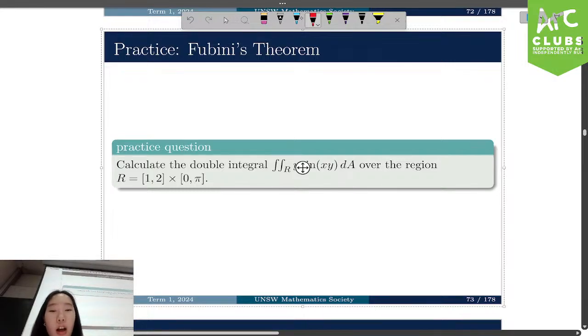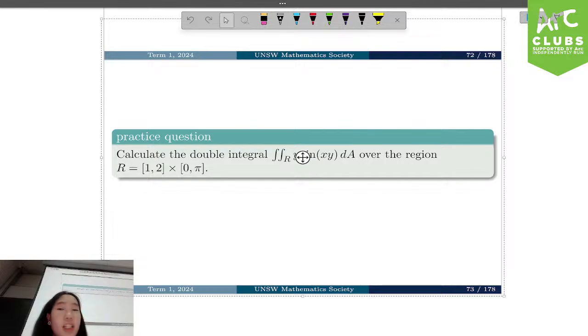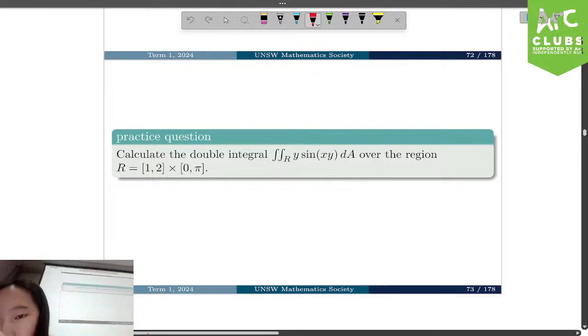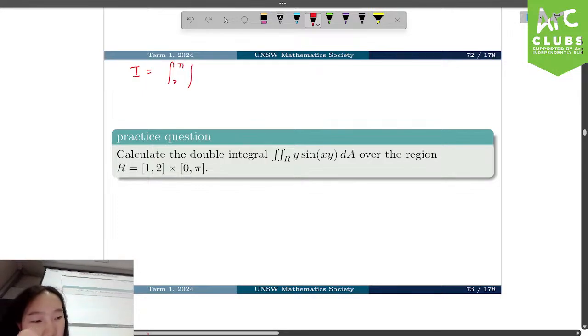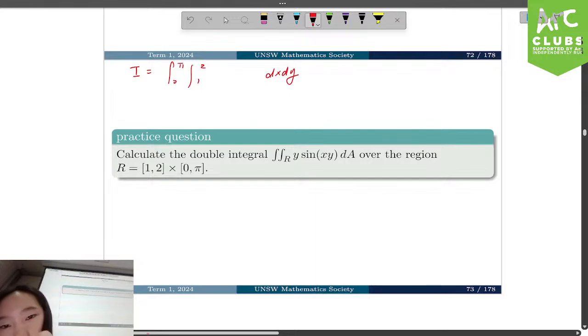Okay, so here's our practice question. Calculate the double integral of y times sine xy dA over the rectangular domain [1,2] times [0,π]. So what we have here is the integral from 0 to π, and then 1 to 2, with dx dy, of y sine xy.